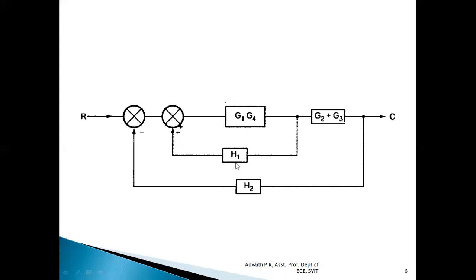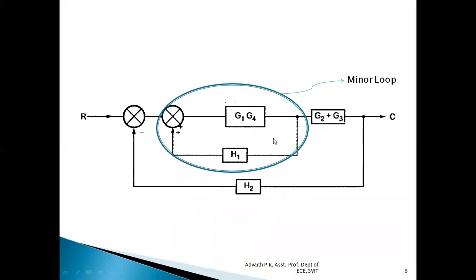That kind of representation is called the canonical form or simple form of representation of a block diagram. It is also called a minor loop. So we can spot a minor loop in our block diagram. We already know the formula to reduce this minor loop to its equivalent transfer function.